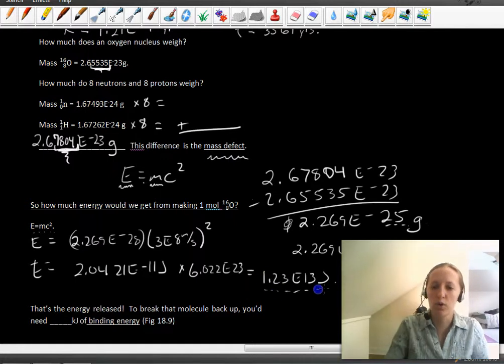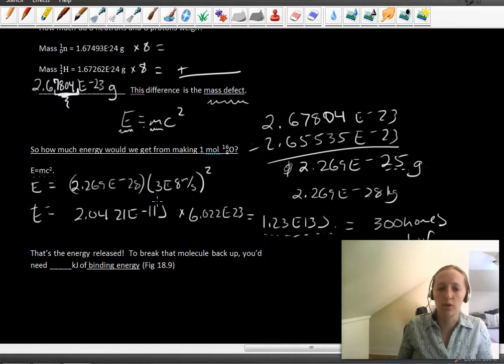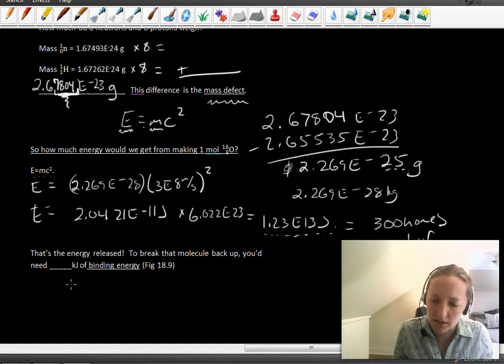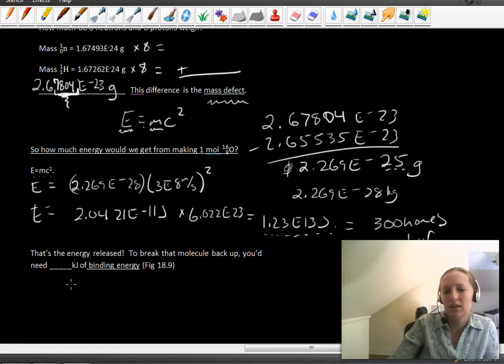So making 1 mole of oxygen would allow you to do that. So that's actually pretty crazy. And what this is basically doing, this is fusion, which is what the sun does. Right? Yes, that's what the sun does. So that is the energy that you would release if you did this.